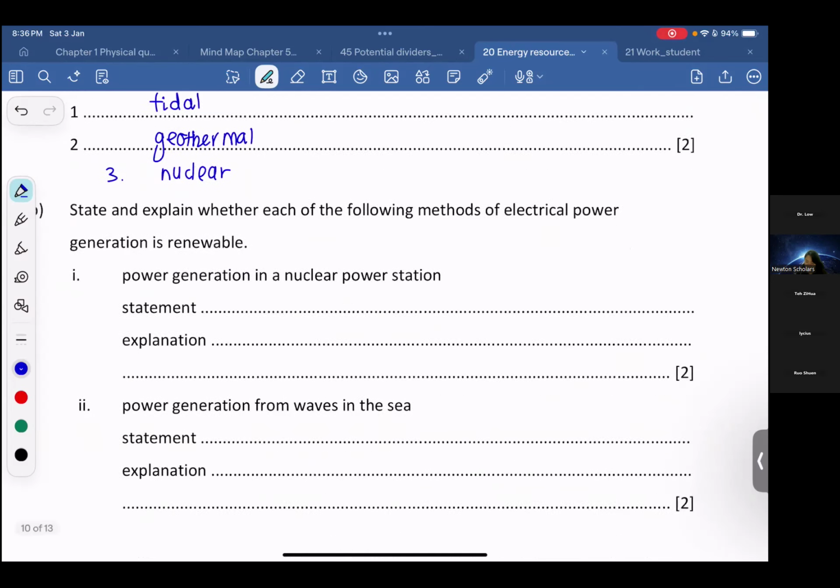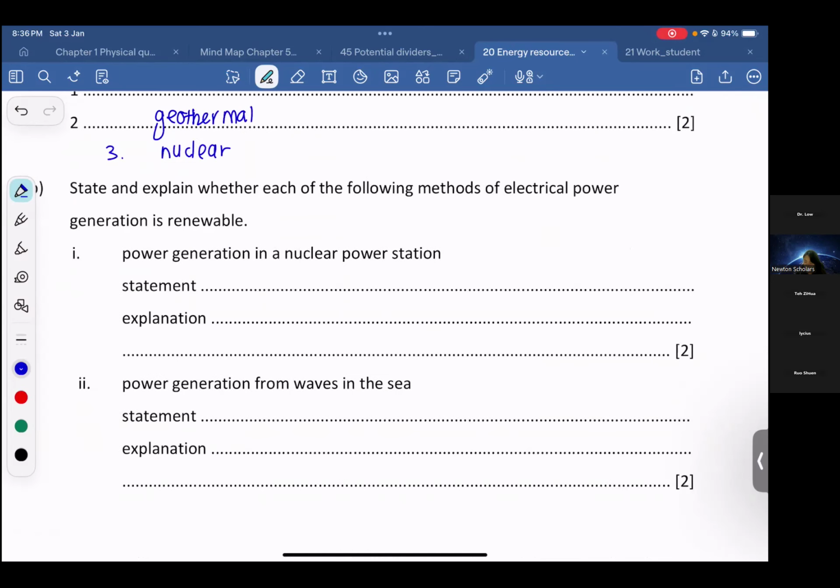Okay, state and explain whether each of the following methods of electrical power generation is renewable. State whether they are renewable or not. Power generation in the nuclear power station is renewable or non-renewable? Non-renewable.